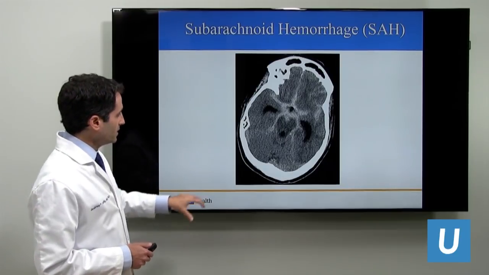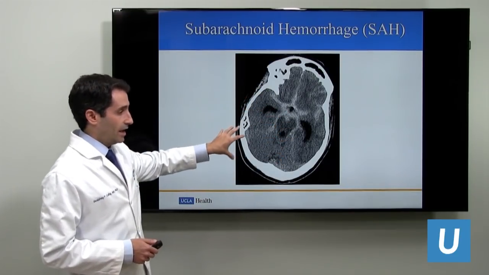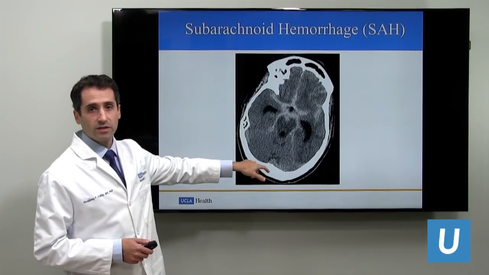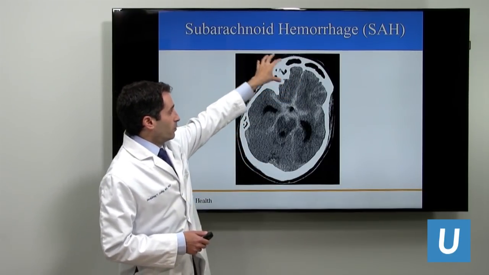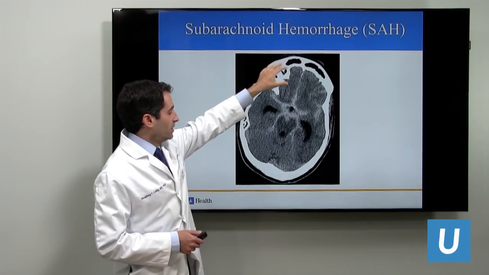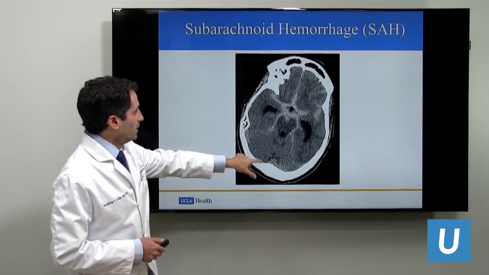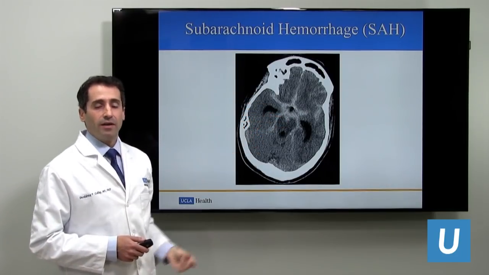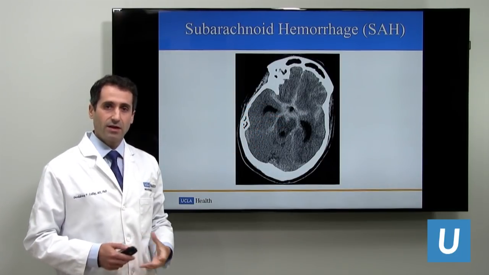This is a CAT scan of the head, which shows the bright white on the outer surface, that's the bone of the skull. The front of the head, where the eyes would be, is up here, and the back of the head is down below. And this white portion, which almost has the appearance of a crab, that's the classic appearance of a subarachnoid hemorrhage.